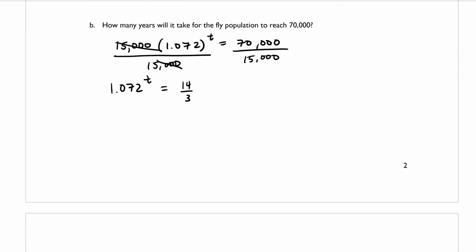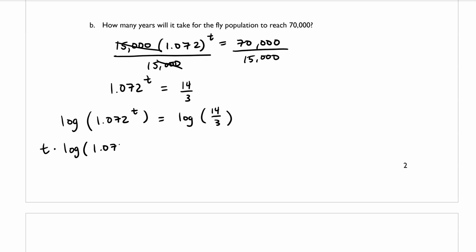And again, you can use the natural log or the common log. I'm just going to use the common log. I'm going to take the common log of both sides. And then if I use the power rule for logarithms, the left-hand side now becomes this, where I've taken the exponent and am now multiplying it on the outside.